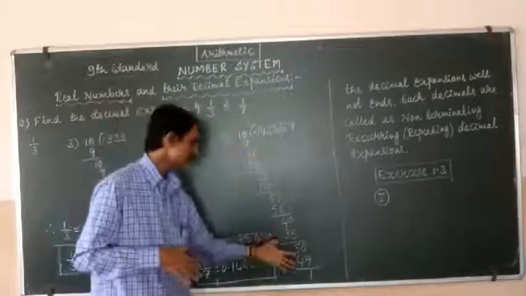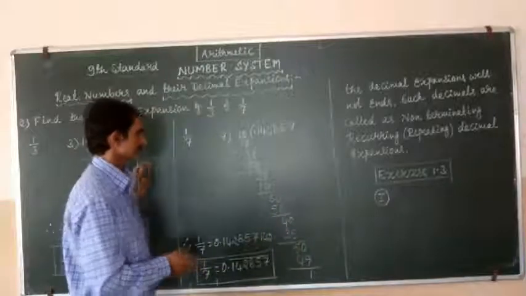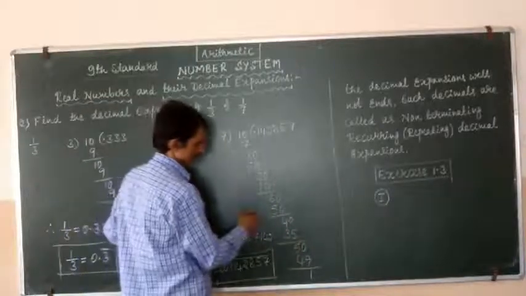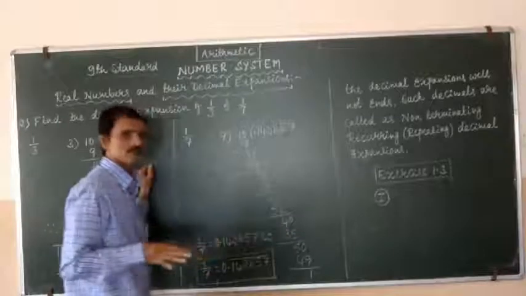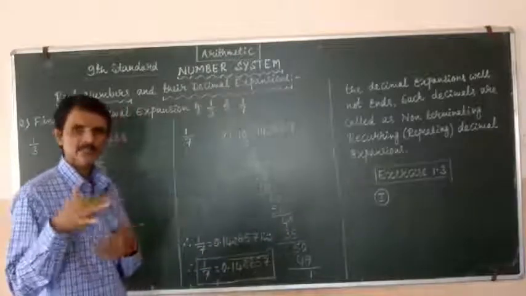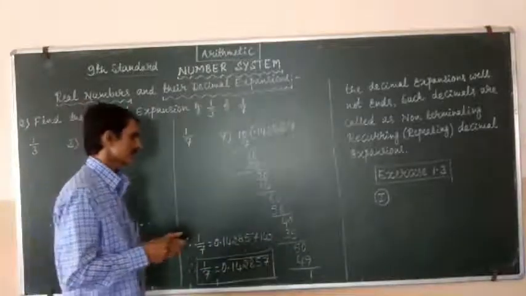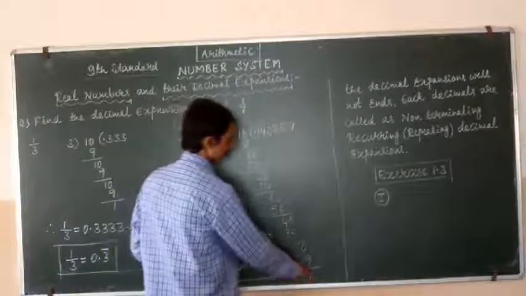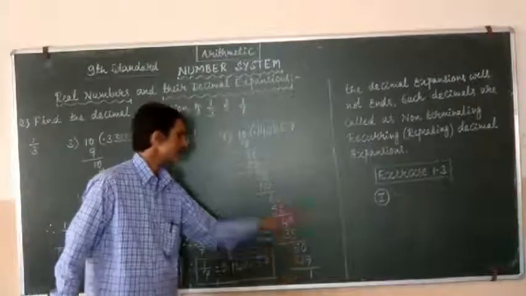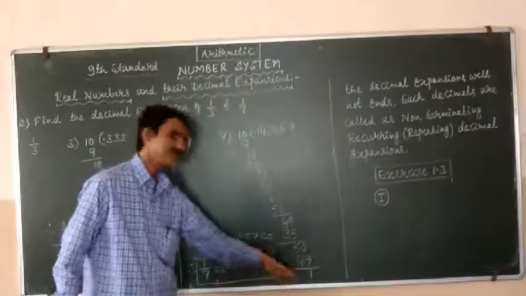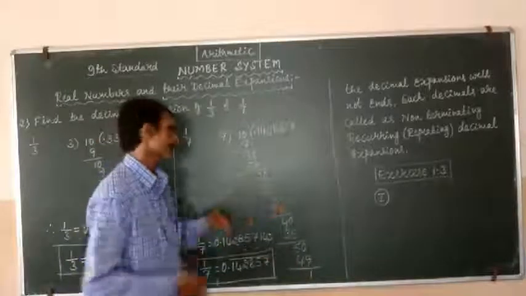So here also, if you observe the process, the remainder will not become 0. After this, the same process will be repeated. That means the same numbers will be repeated.